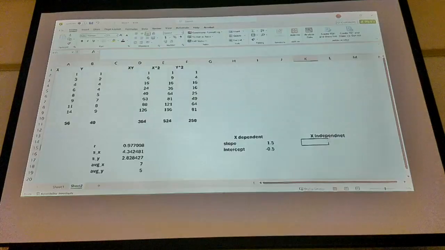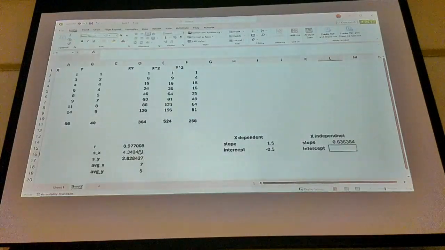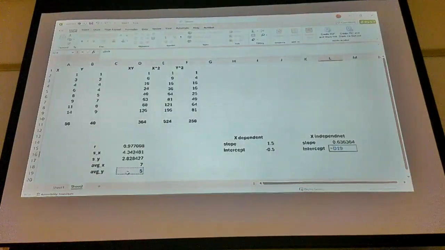Slope: R times the standard deviation of the dependent over the standard deviation of the independent. Intercept: the average of the dependent minus the slope times the average of the independent.